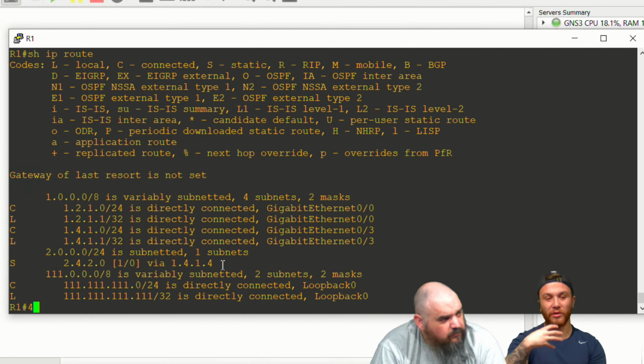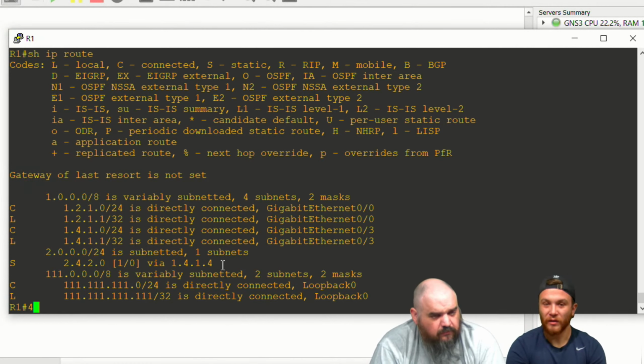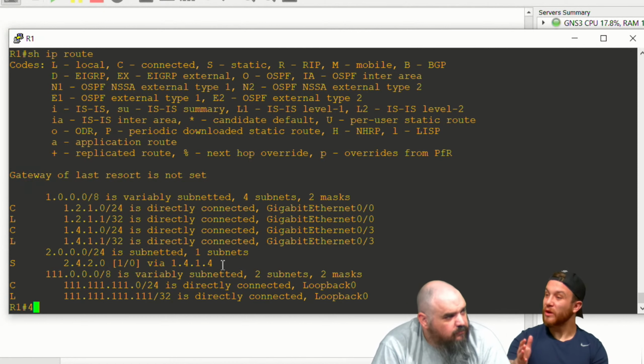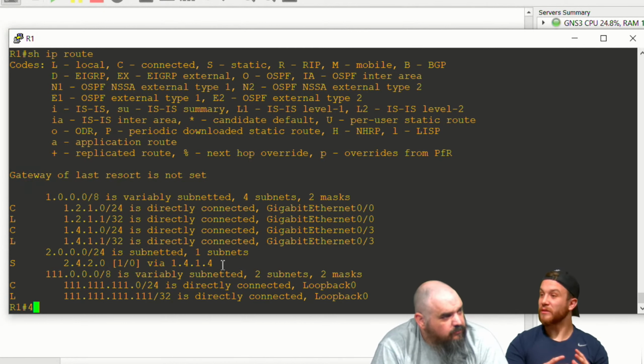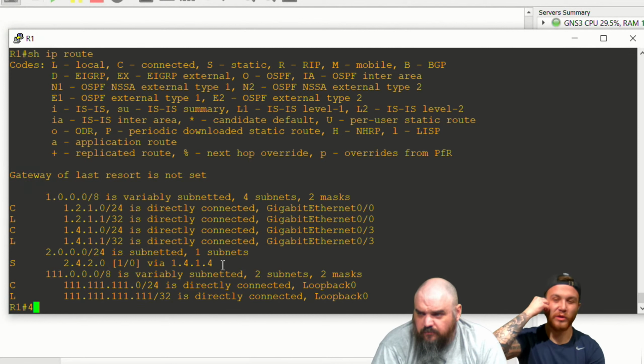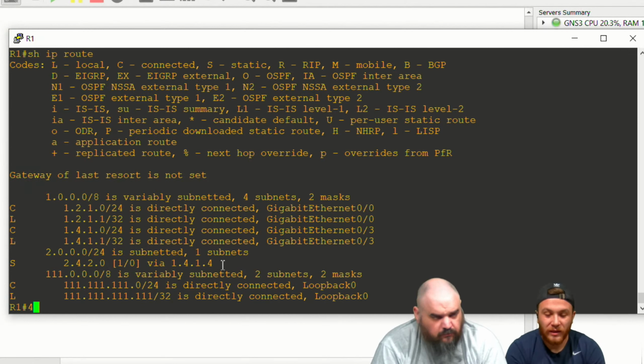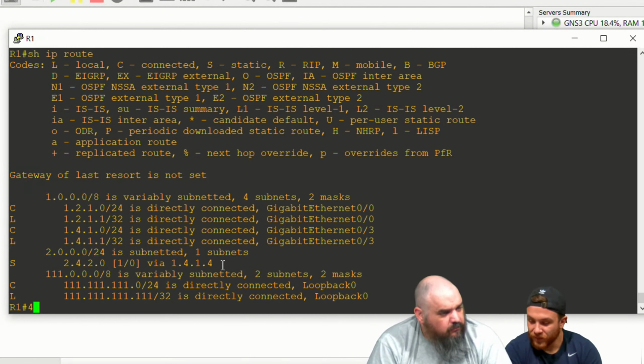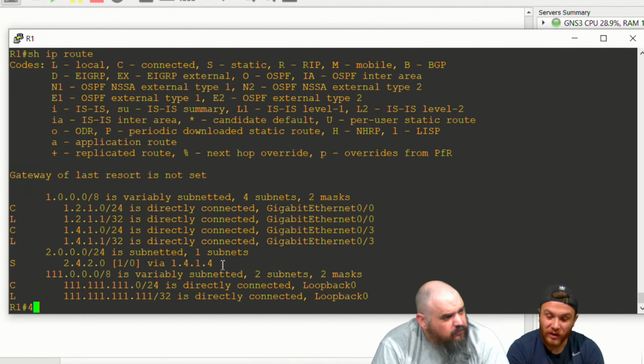But that's just how the router itself prioritizes routes, right? Of course, you want to trust a directly connected link because that is directly connected. Why, if you learn that route via OSPF, would you use that, right? But it's almost like a trust thing too, I guess you could say. And you also have the metric.